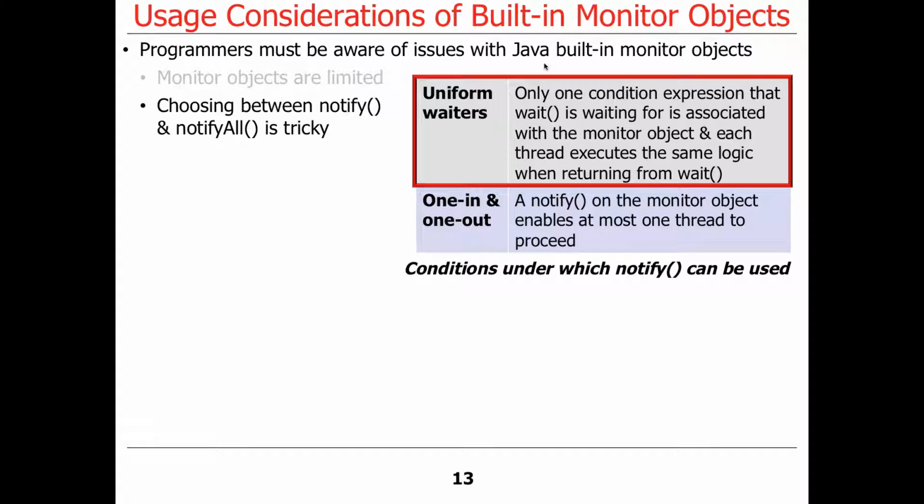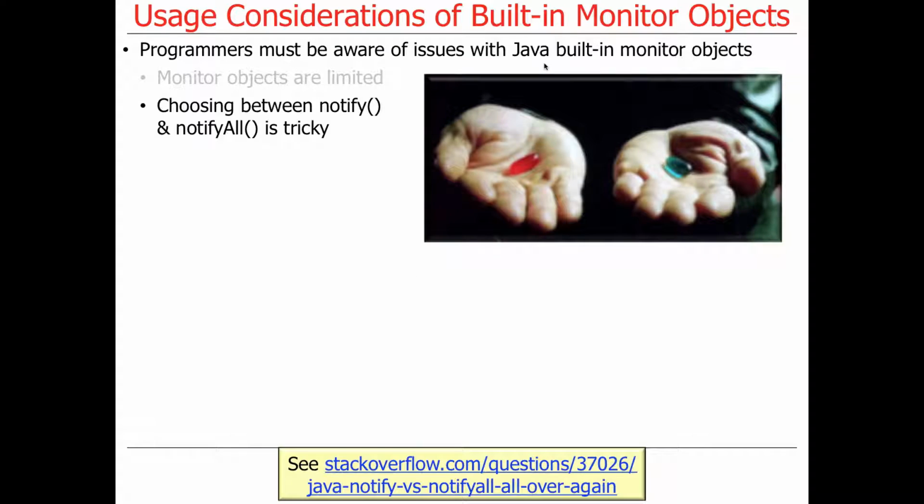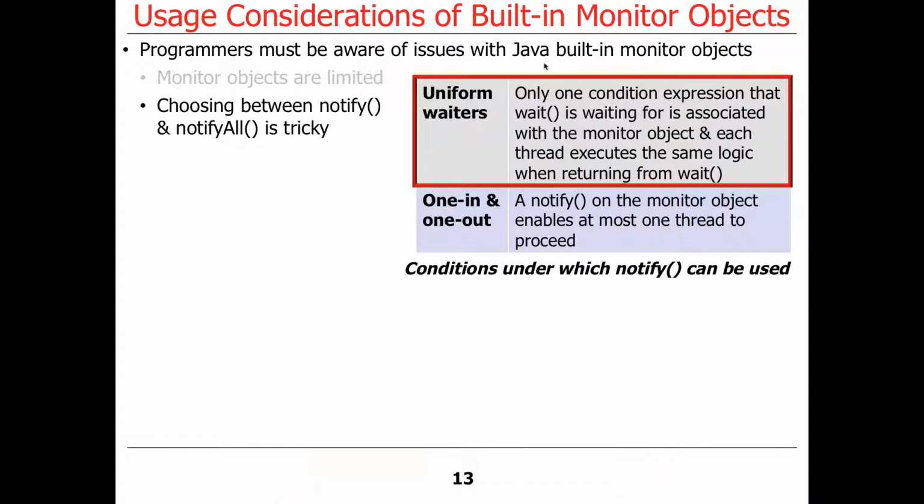The thing to remember is you can only use notify if you have uniform waiters. They're all waiting for the same thing, so all things that can wait for the same thing. And you only want to notify one entity that wakes up. If both of those conditions hold, then you can probably use notify. But it turns out that you almost always need to use notify all for the reason that's discussed here in this article.